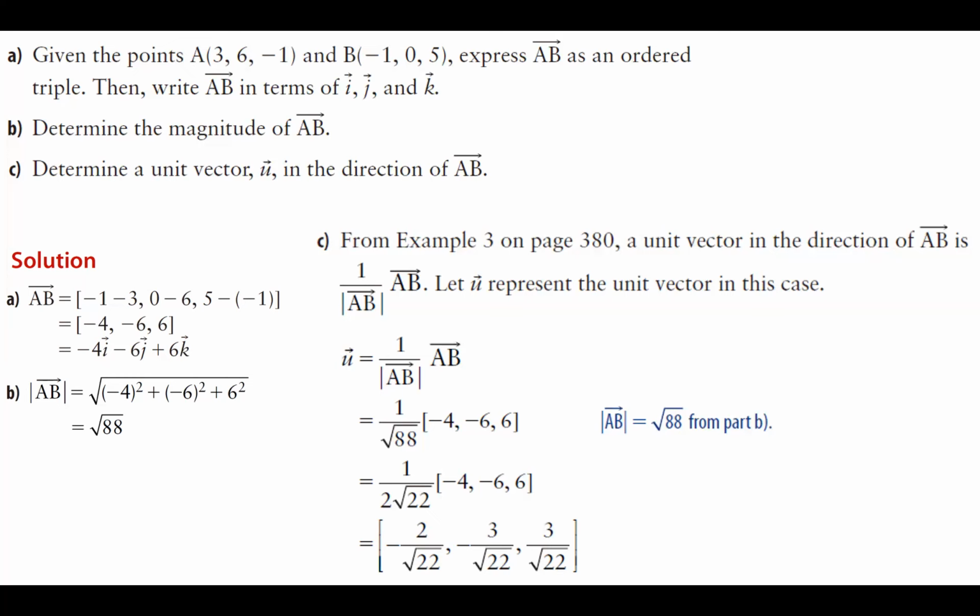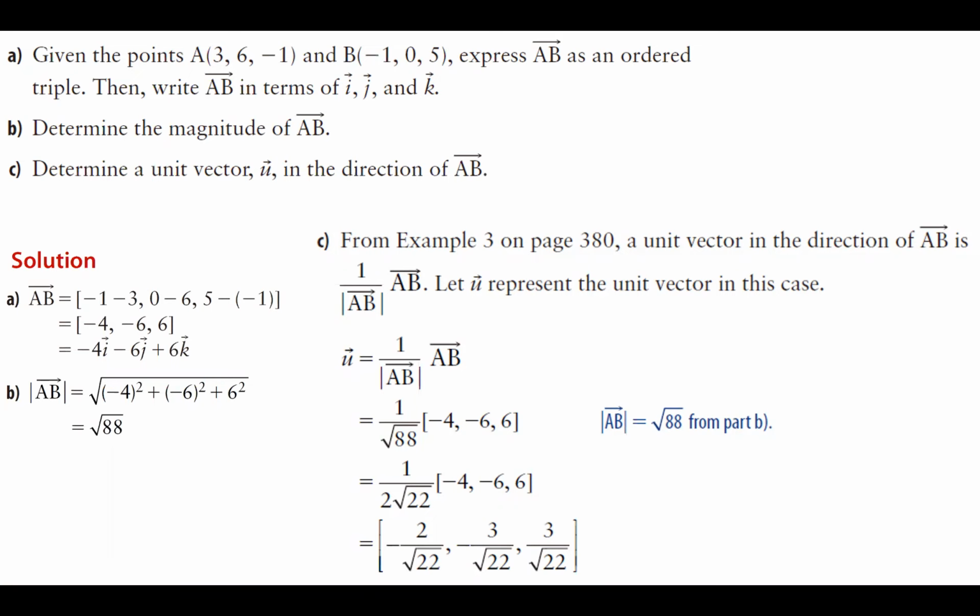Okay, question C from the example on our textbook page 380. If you have the textbook, you can have a look at that. The unit vector in the direction of vector AB is 1 over the magnitude of vector AB times vector AB. Let U represent the unit vector in this case.